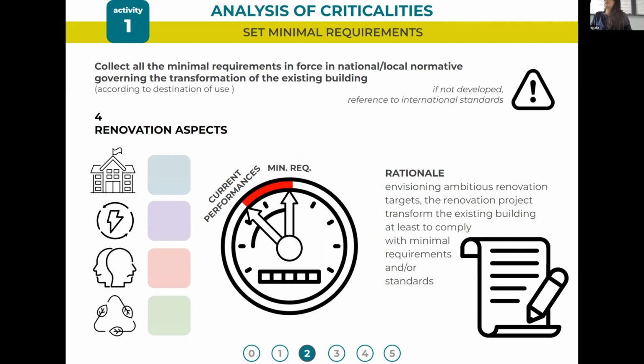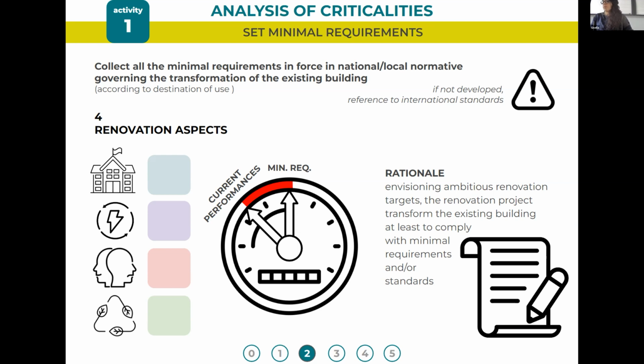So the first activity to conduct an analysis of criticalities is the setting of minimal requirements. The idea is to collect all the minimal requirements in force in the national and local normative governing the transformation of existing buildings, according to the different destination use of the public building under investigation.